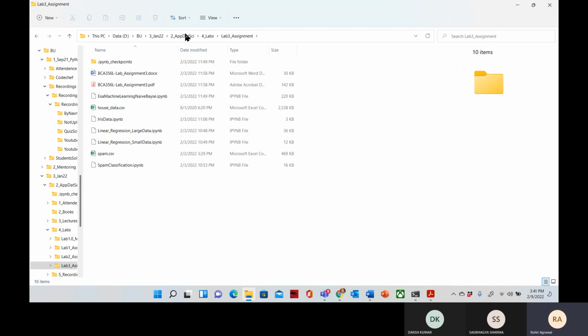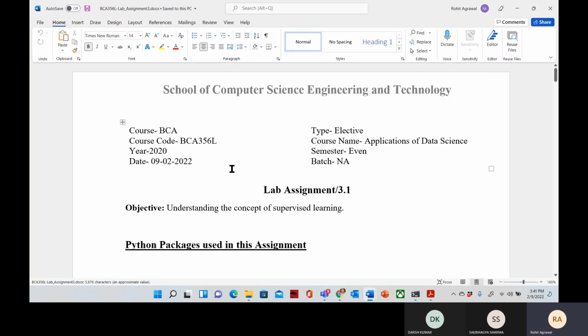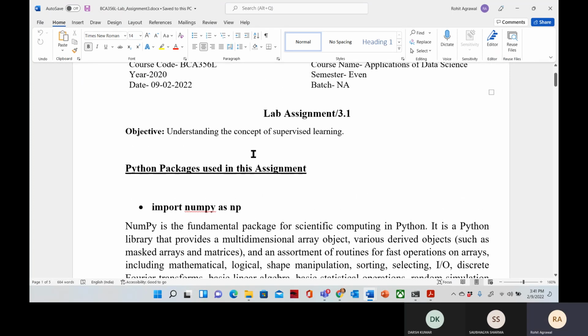Okay, the main thing I want to discuss is this one. This is a very important assignment. This time we need to discuss supervised learning. If you remember, in the class we discussed supervised learning and also linear regression. Yes or no? Yes, sir.